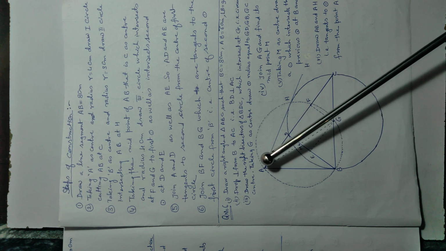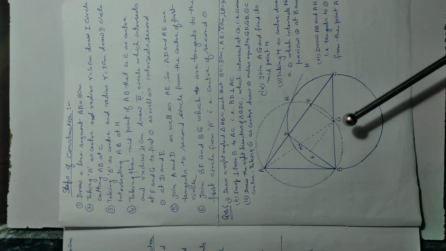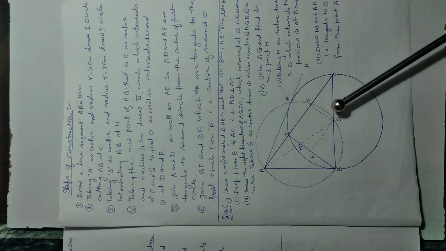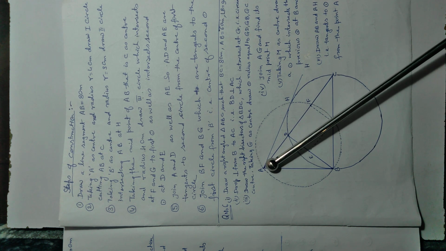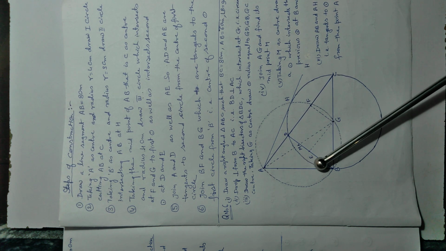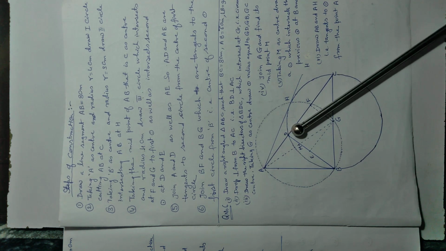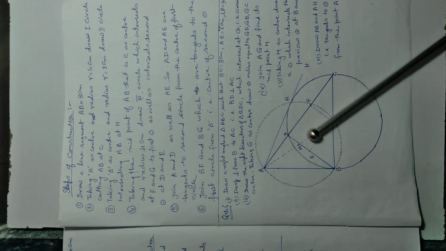Now join A and G, means this is the circumcenter. First of all, we have to construct the triangle. When triangle is over, now drop the perpendicular from B to AC. That is BD is the perpendicular.